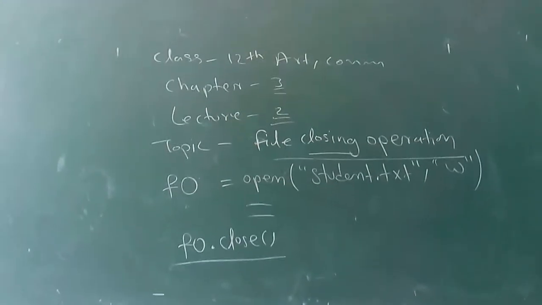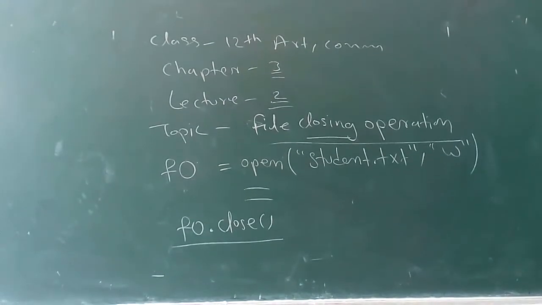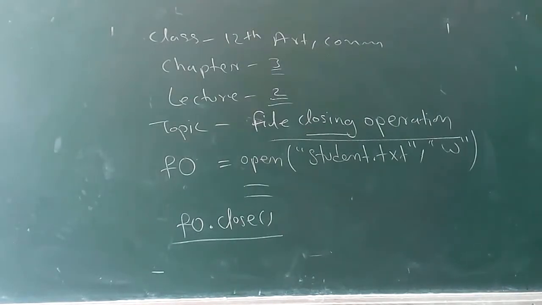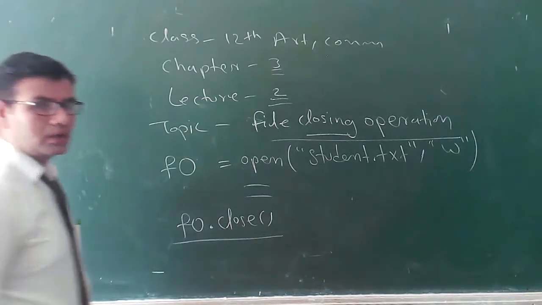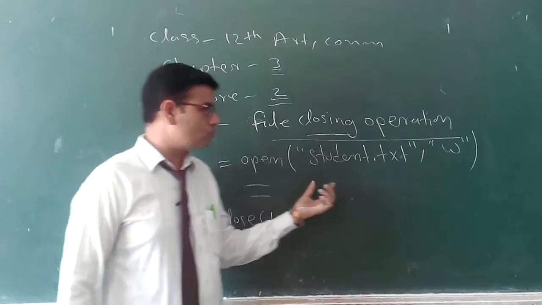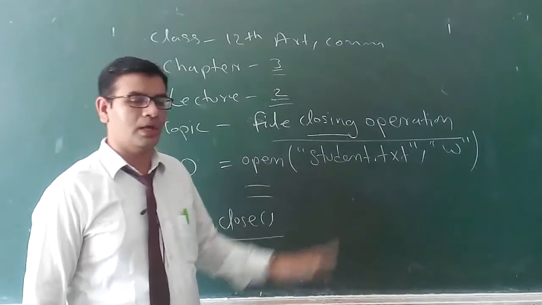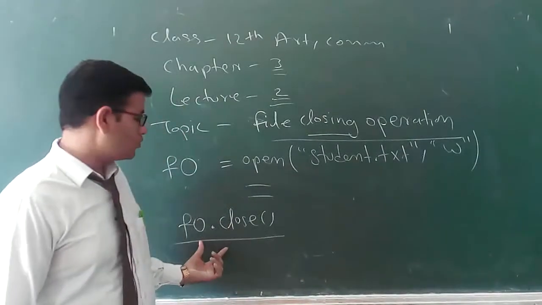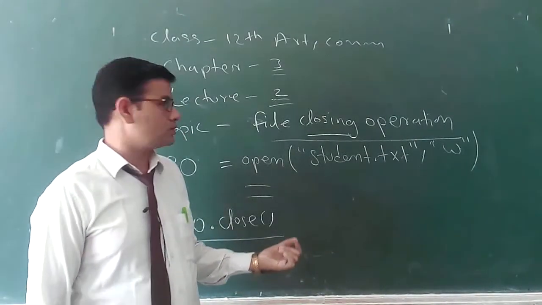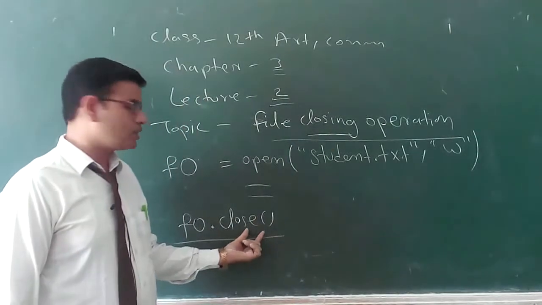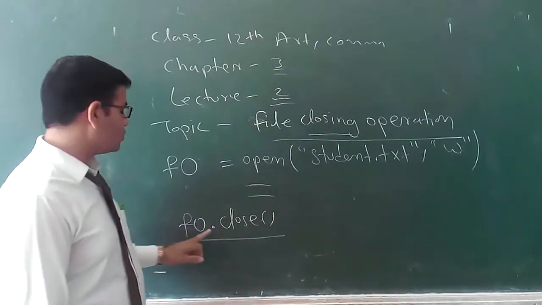Now your opened file is closed and your processor is free to execute the next statement or next file. If we want to free the processor or memory from the opened file, we use the file closing operation, the function by which we can close an opened file.